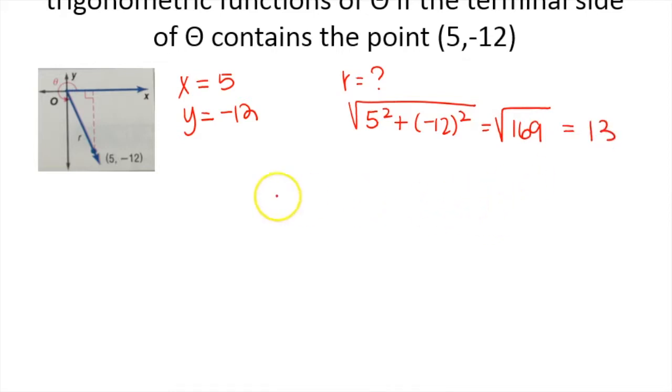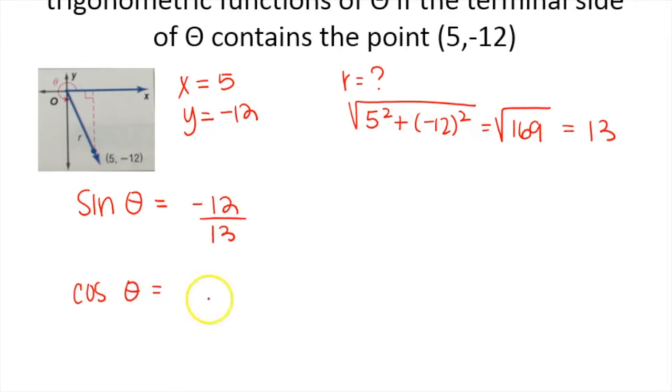Now that we have each of those values, we can find sine of theta, which is y over r, so it's negative 12 over 13. Cosine of theta is x over r, so we have 5 over 13. And tangent of theta is y over x, so negative 12 over 5.